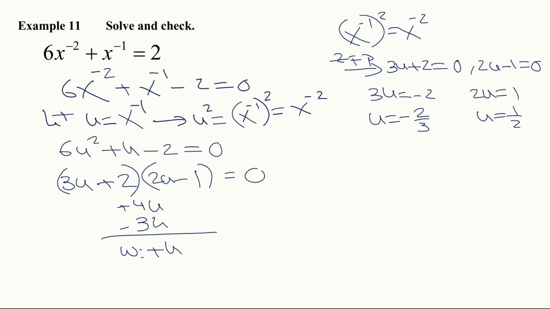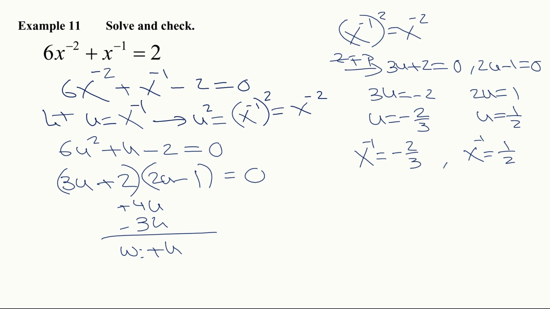Remember, we are not done. Those are u values. We now need to go get the x values. Now we just need to substitute what u is. And remember, u is x to the negative 1. So x to the negative 1 equals negative 2/3, or x to the negative 1 equals 1/2.